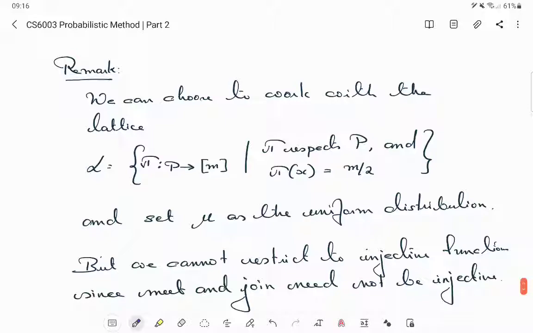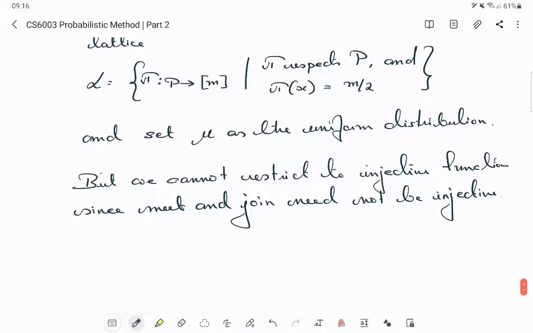But we cannot restrict to injective functions in this set, because then it is not a lattice. The meet of two injective functions need not be an injective function, right? So we still have to argue that if we take the limit m tends to infinity, then the probability of being injective goes to 1.